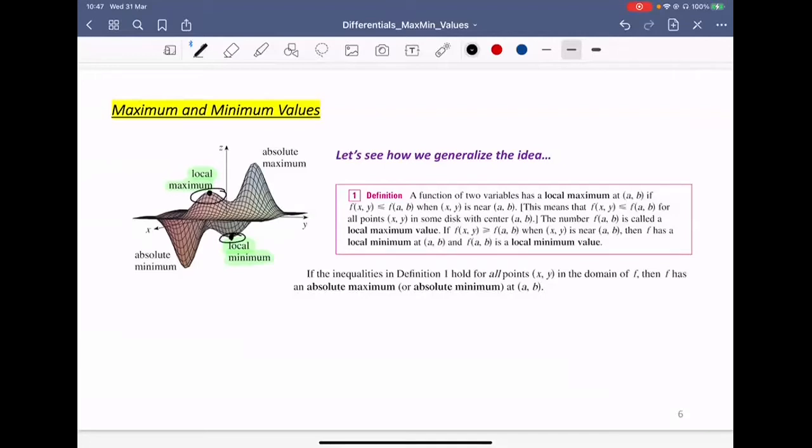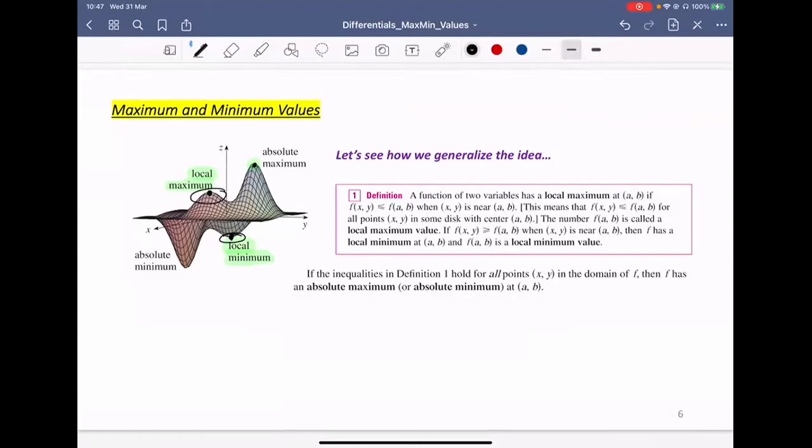You could have many local maxima and local minima, but you will have only one absolute maximum and one absolute minimum, if they exist. When you say absolute maximum, it means it is a maximum compared to the entire domain.